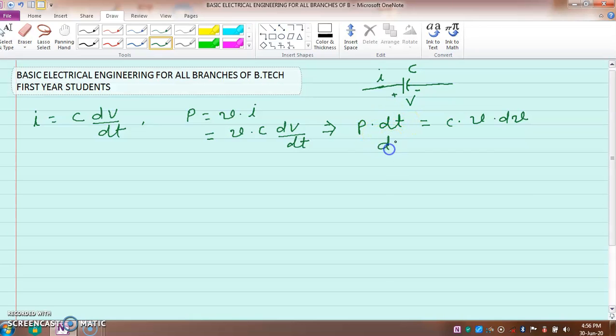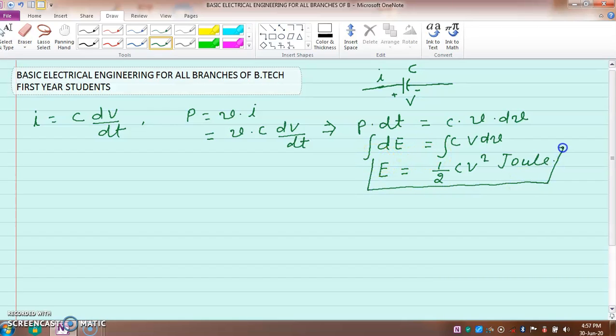So this is a small energy, dE equals CV dV, and if you integrate it, then the energy E equals, with V square by 2, half CV square. This is the energy which is available in the capacitor.